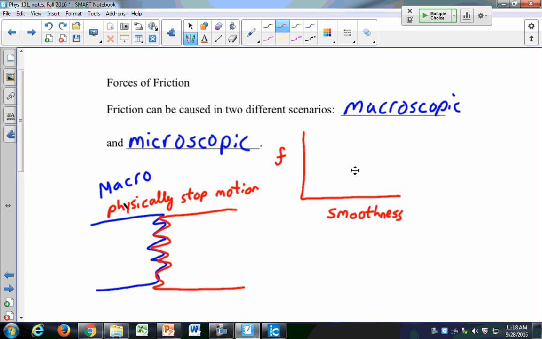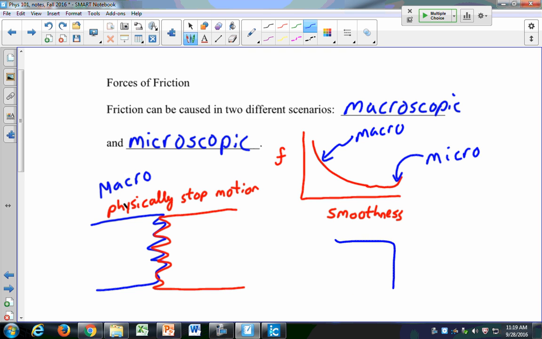And so they did this study where they found that this decreases, that as you make it smoother and smoother, it gets smaller and smaller. But something funny happens is that as you keep making it smoother and smoother, eventually you get a little uptick in the frictional force. Now, over here, this is going to be macroscopic, but this is explained in microscopic terms.